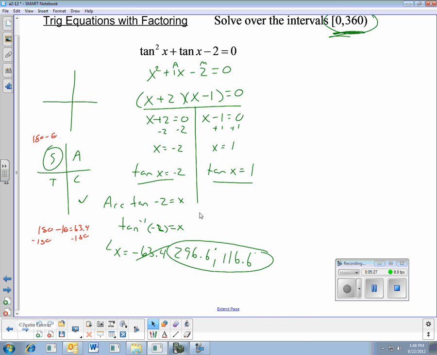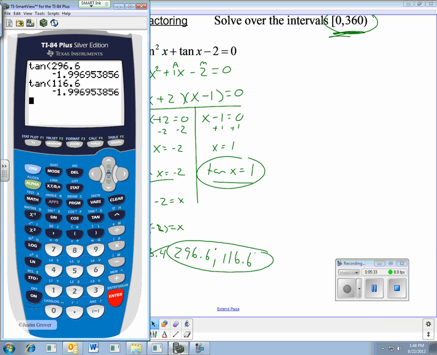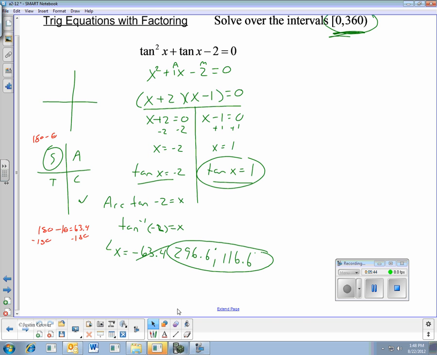Then over here, I also have that tangent x equals 1, so I have to find where tangent is 1. Arctangent of 1 is at 45 degrees. So tangent is 1 at 45 degrees, and it's positive. It's also positive in quadrant 3, so I need the quadrant 3 angle.